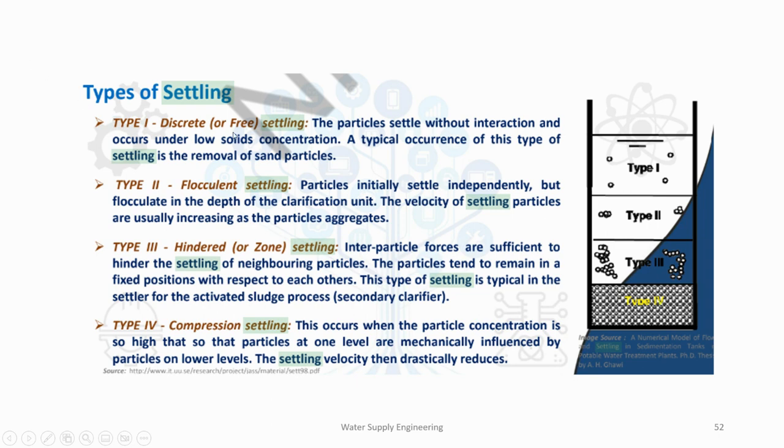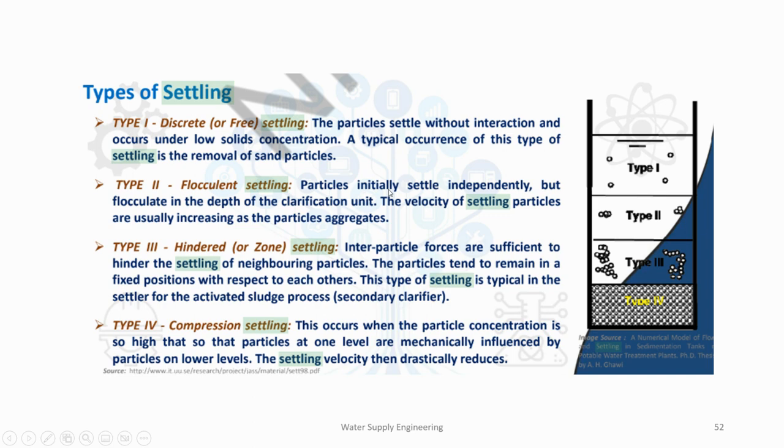So type 1 or discrete or free settling occurs when the particles are settling without any interaction among themselves. So this happens at low solid concentration, as in the case of removal of sand particles. Then type 2 settling or flocculent settling.